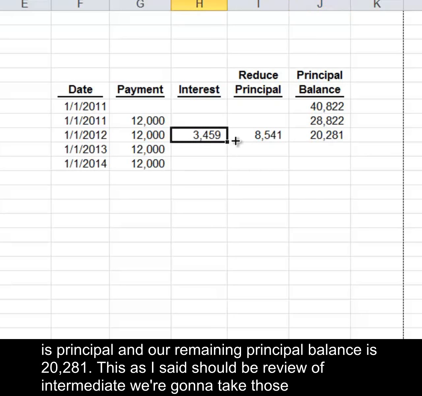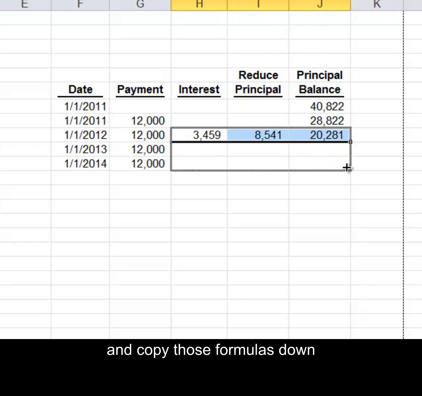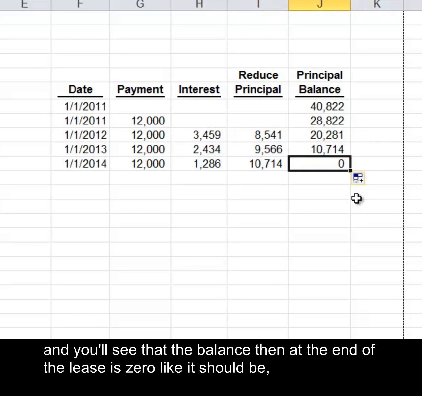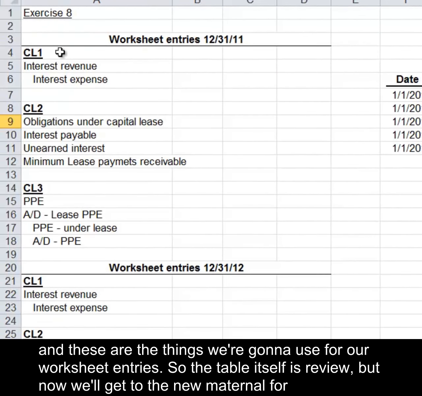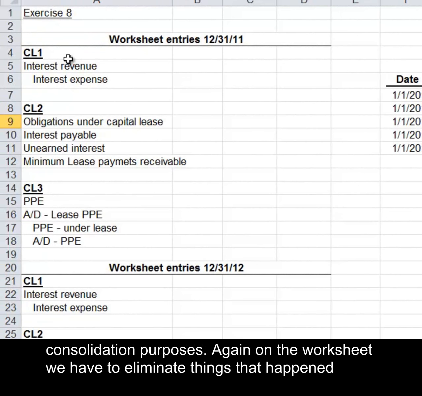This, as I said, should be review of intermediate. We're going to take those and copy those formulas down. And you'll see that the balance then at the end of the lease is 0, like it should be. And these are the things we're going to use for our worksheet entries. So the table itself is review, but now we'll get to the new material for consolidation purposes.